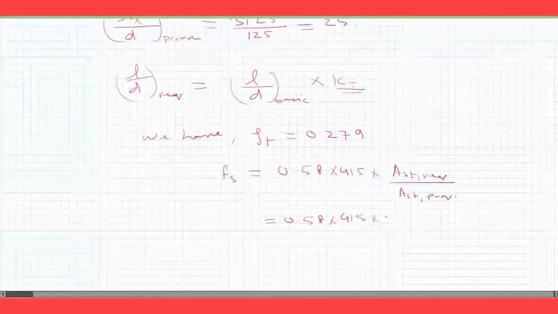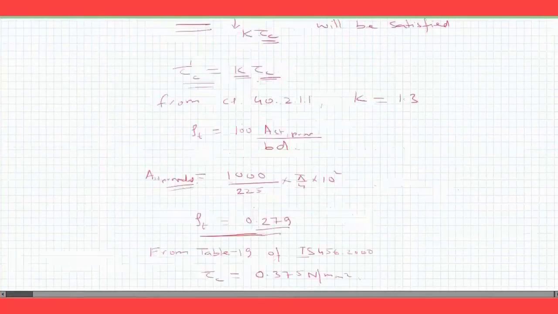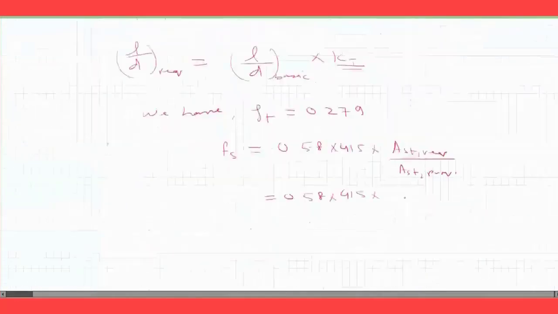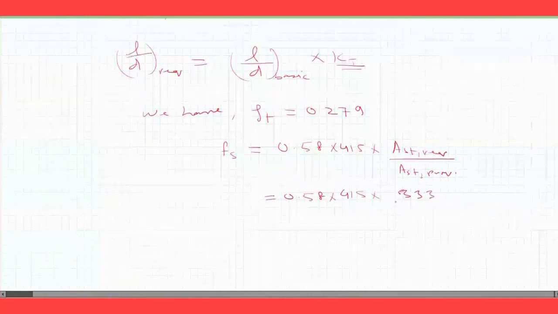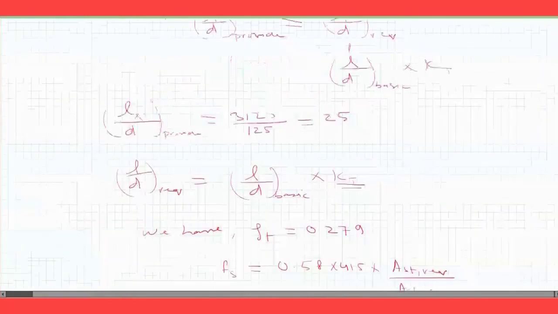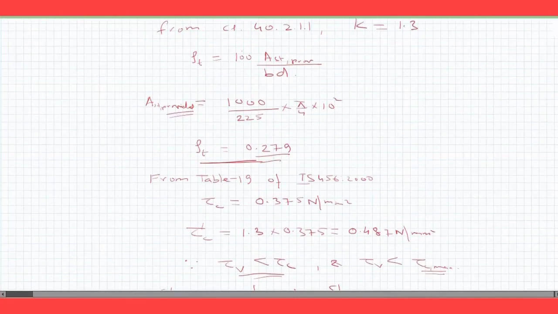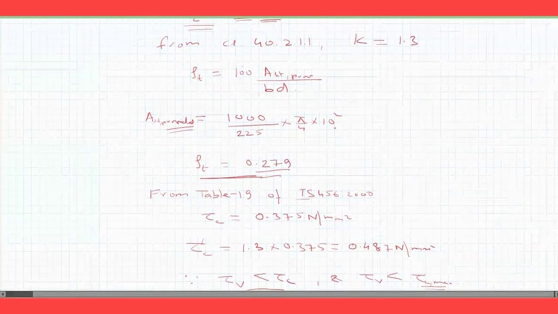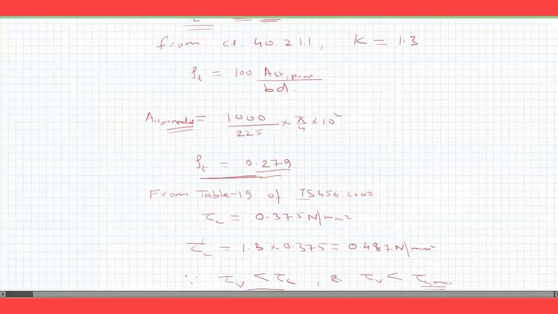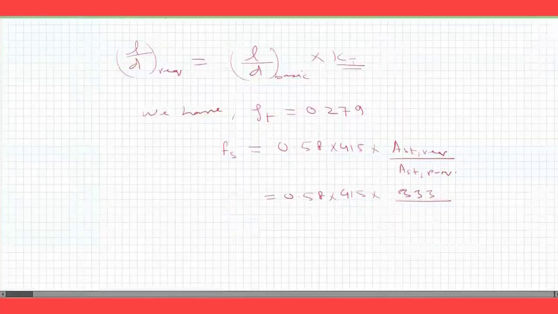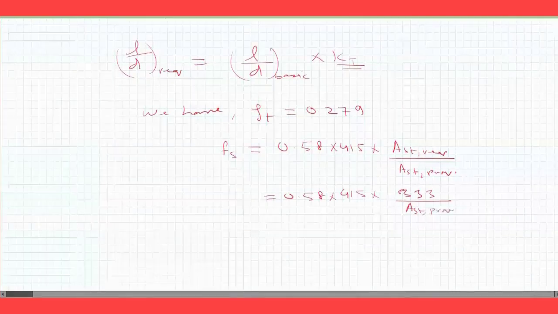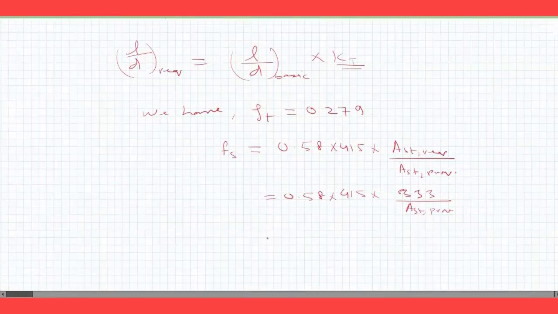If you remember, the required steel was 333 millimeter square. So it is 333 divided by AST provided. AST provided is 1000 divided by 225 into pi by 4 into 10 square. You can do this computation. Once you compute this, you'll find Fs is nearly equal to 240, not exactly 240, but nearly 240 Newton per millimeter square.